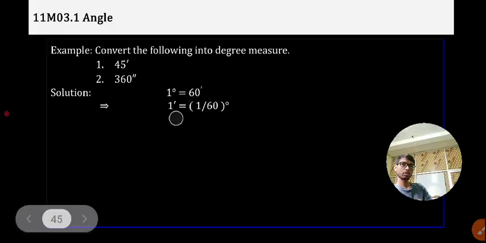The answer would be: 1 degree is equal to 60 minutes, so 1 minute would be 1 upon 60 of a degree. And 1 minute would be 60 seconds. Then this would be our answer.